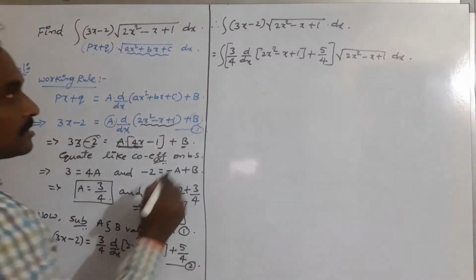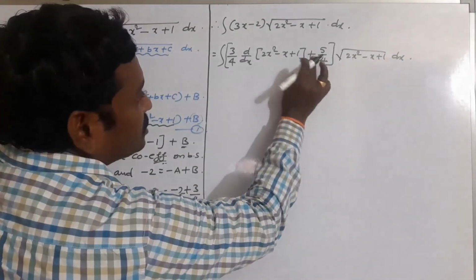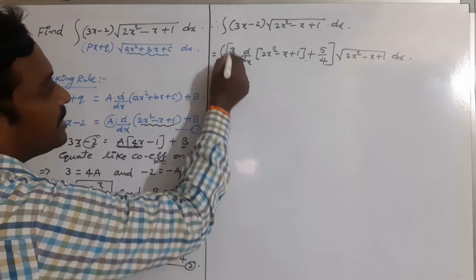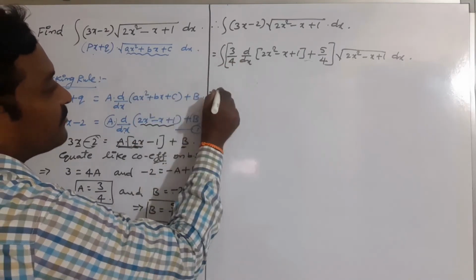Now separate the terms, because in between we have a positive sign. That's why split the terms. At the same time, 3 by 4 is a constant. Take it outside from the integration.